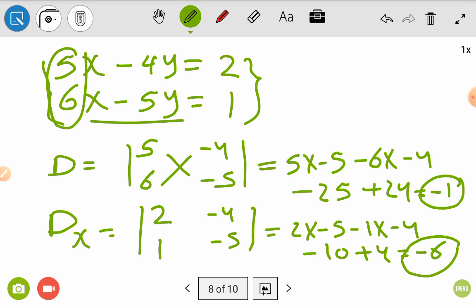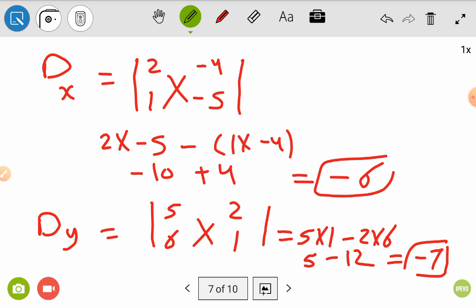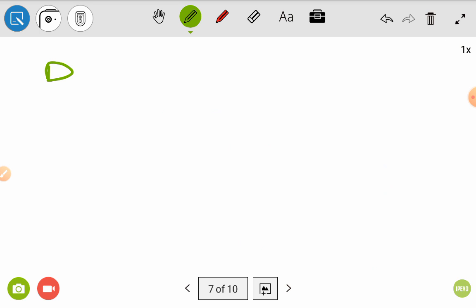The third step, Dy equals: here 5, 6, the coefficients of x, and 2, 1.